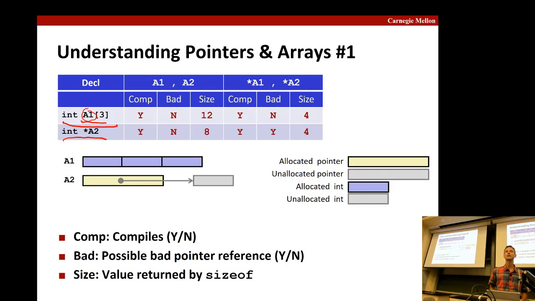All right. Other questions on that? So A1 is stack allocated, right? Yes. This will be stack allocated, and then if you call malloc to actually allocate what things point to, then it'll be heap allocated.